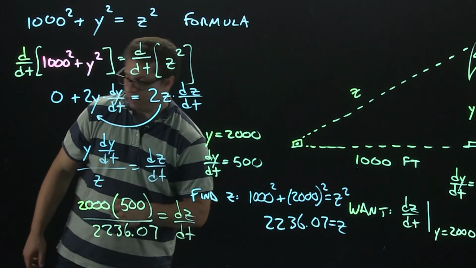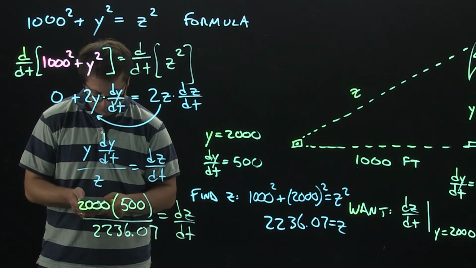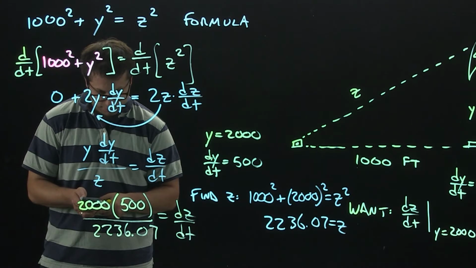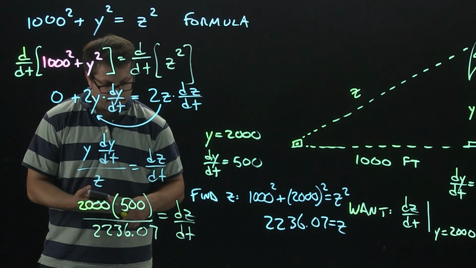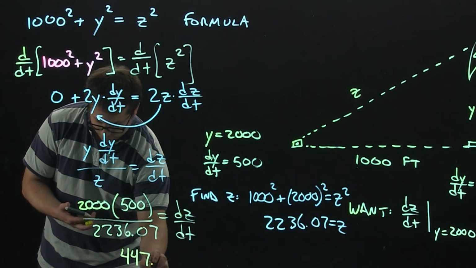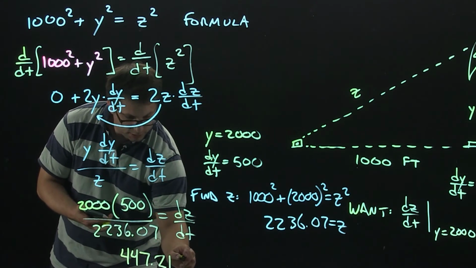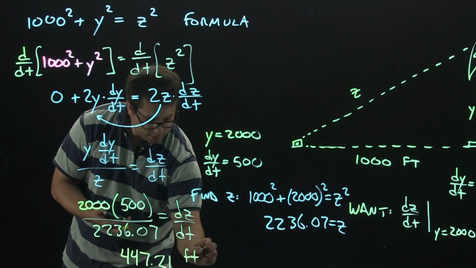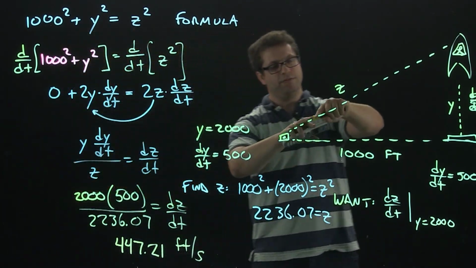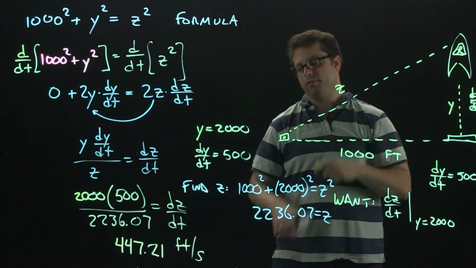Let me grab a calculator. 2,000 times 500 divided by 2,236.07, and we get 447.21 feet per second. So that answer is how fast the rocket is moving away from the camera.